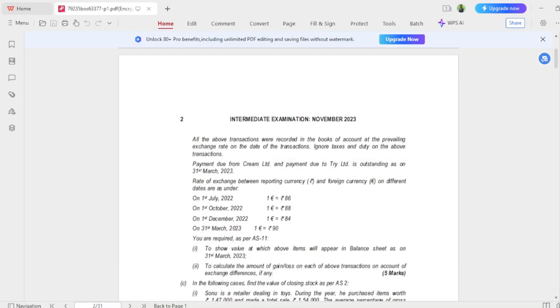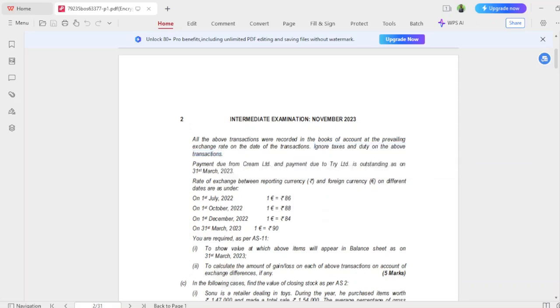This type of question requires you to find the exchange loss or gain. All the above transactions were recorded in the books of account at the prevailing exchange rate. Ignore tax and duty on the above transactions.